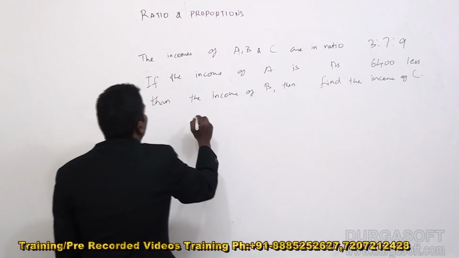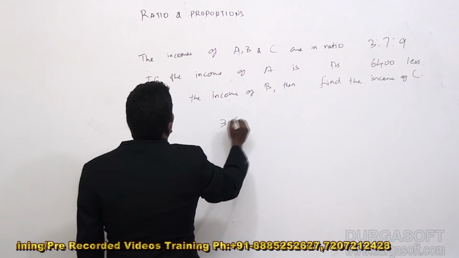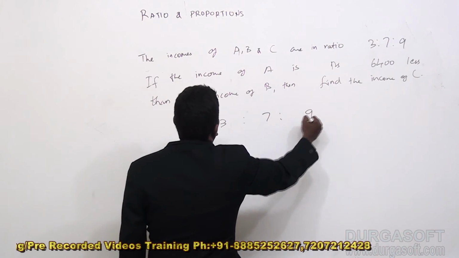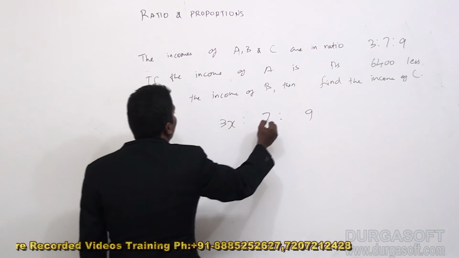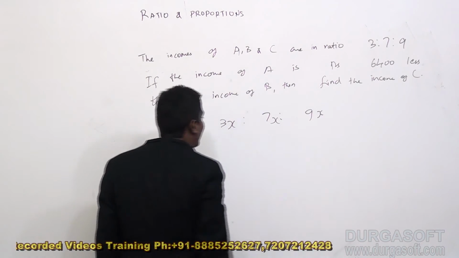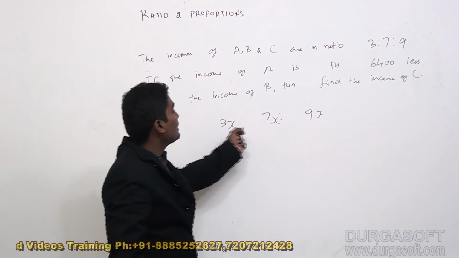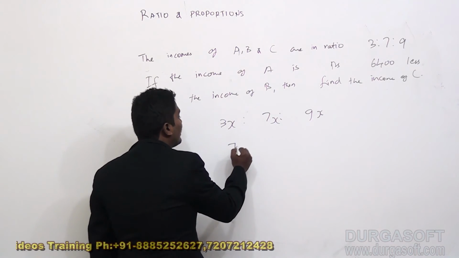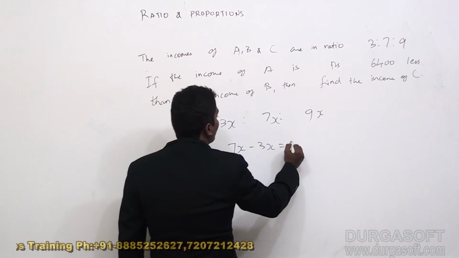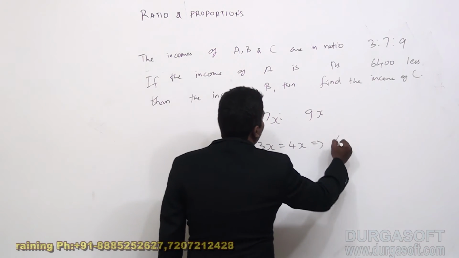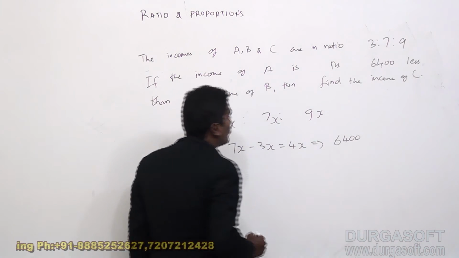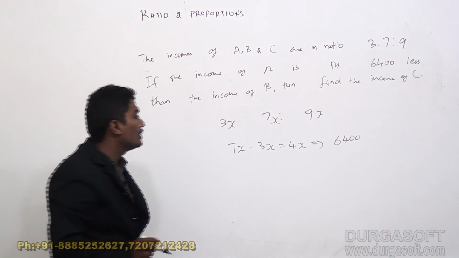So here I can say that 3:7:9 is the income. The first person's income I will consider as 3x, second person as 7x, and third person's income as 9x. The difference between A's income and B's income will be given by 7x minus 3x, which is 4x. This value is given as 6,400.